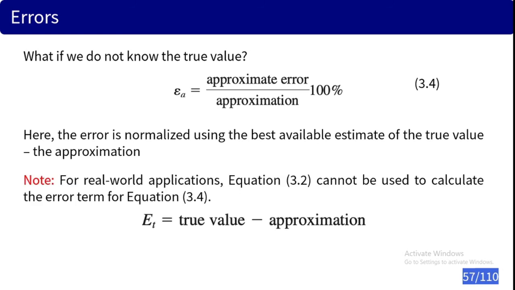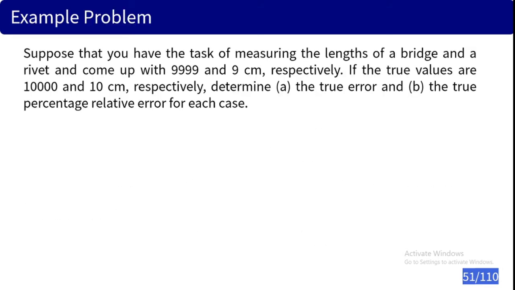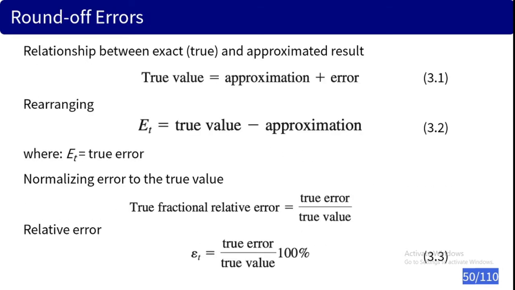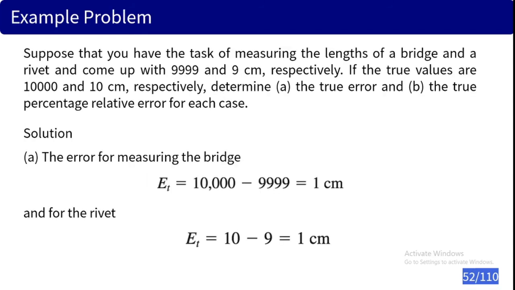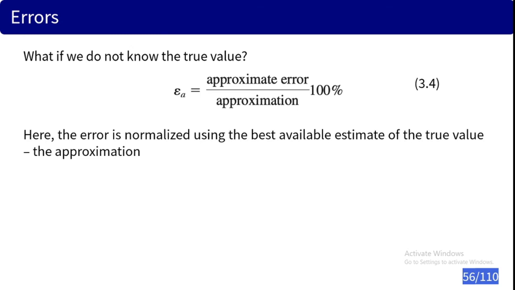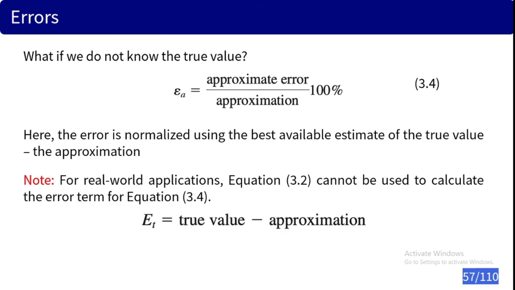So let's note no na for real world applications, equation 3.2, kato equation 3.2, balik ko ang equation 3.2. Kaning true error equals to true value minus approximation. Dito na siya magamit. Dito magamit sa real world applications kung wala ta kabalo sa true value. Okay.